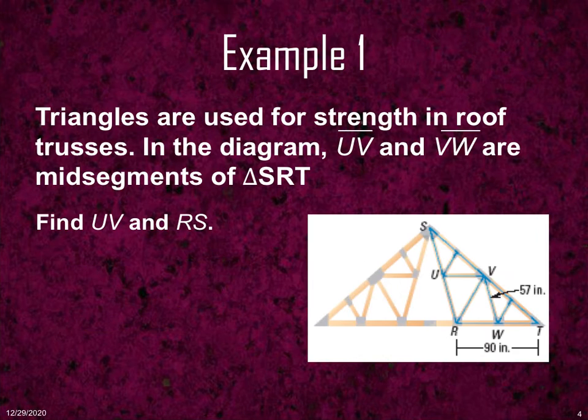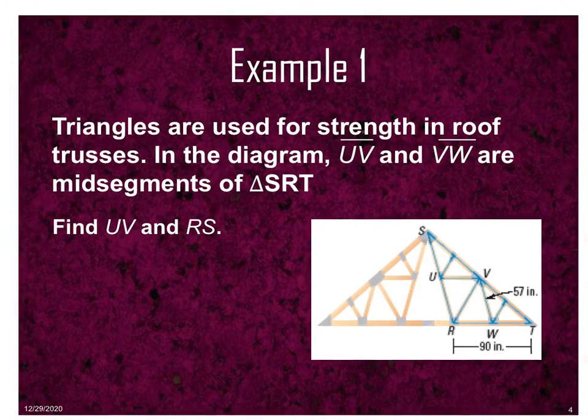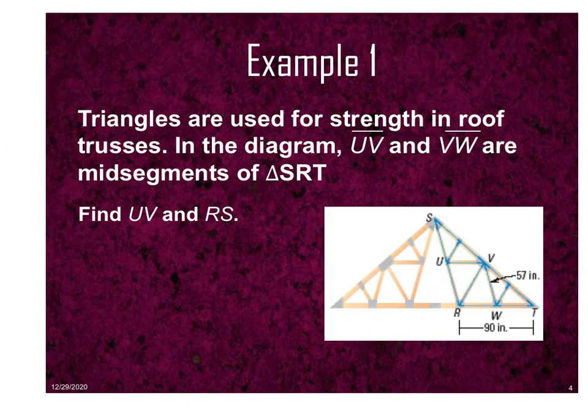Let's try an example. So it says triangles are used for strength in roof trusses. In the diagram, UV and VW are midsegments of triangle SRT. It wants us to find the length of UV and RS. So let's take a look here.